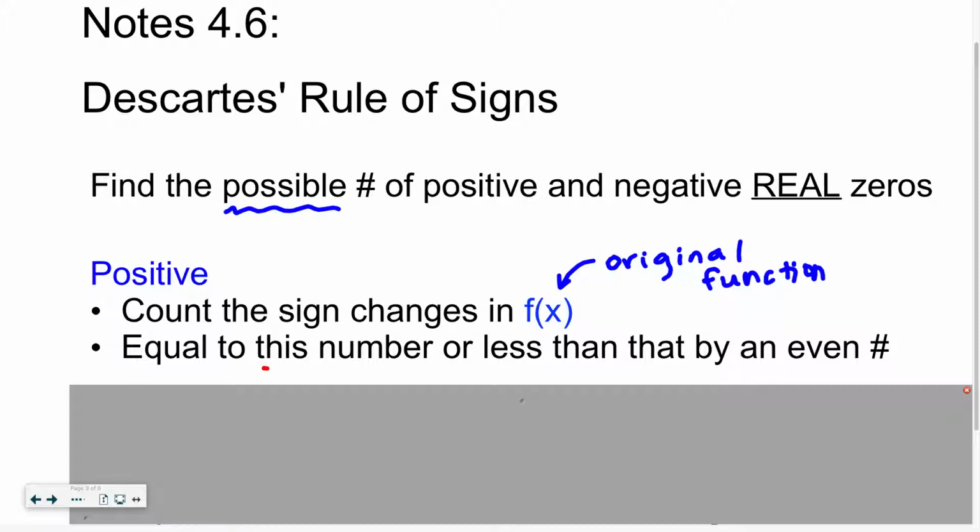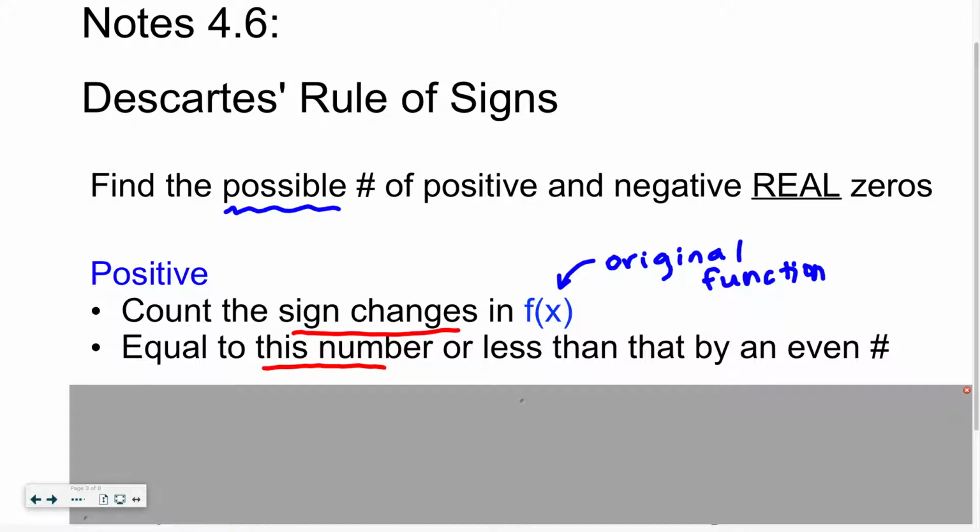And when I say equal to this number, I mean the number of sign changes, or it's less than that number by an even value. And this is where sometimes Descartes doesn't always give you really valuable information. It depends on what the sign changes look like.